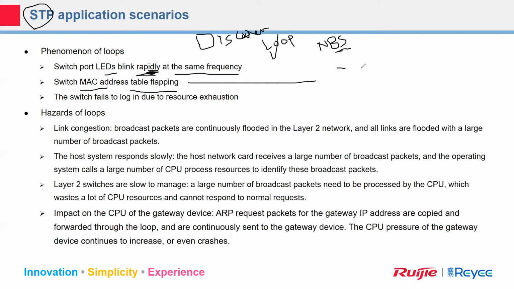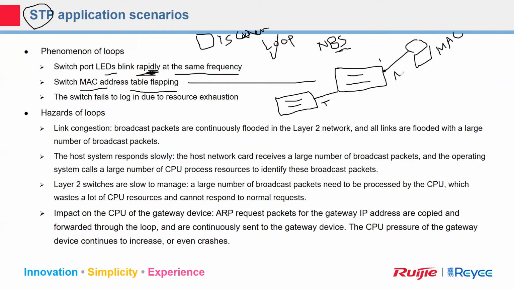What does it mean? It means that the switch is receiving that device's MAC address from port 1. And let's say this is another switch here. This is a trunk port and this is an access port.